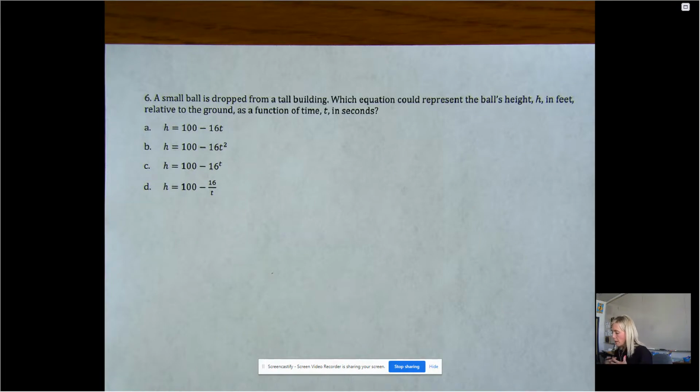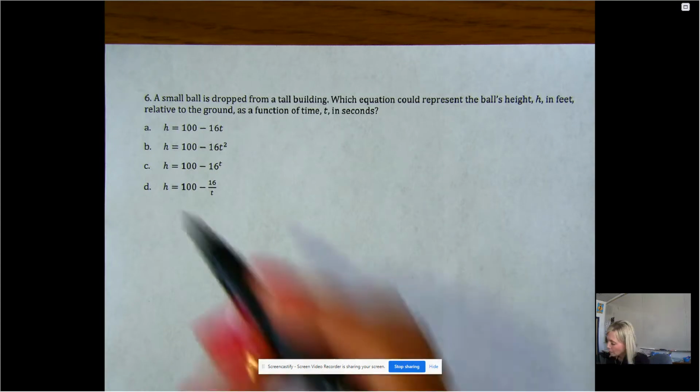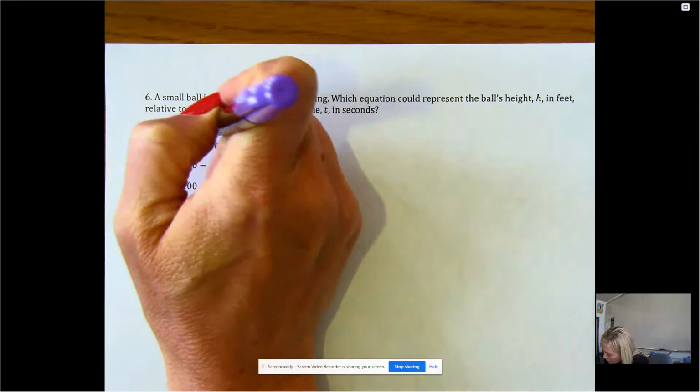As I'm looking at this, I notice that A is a linear function. We're so familiar with linear functions. Starting value is 100 and it's changing by 16 every second. This can't be a linear function because the ball will get faster and faster as it approaches the ground, and so it's not going to be dropping at a constant rate. So it's not A.